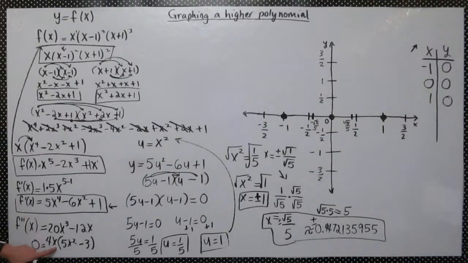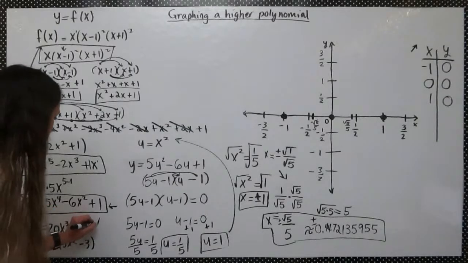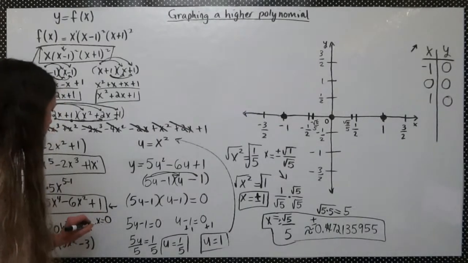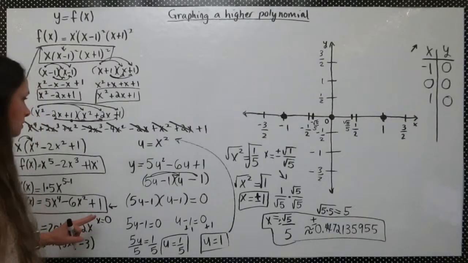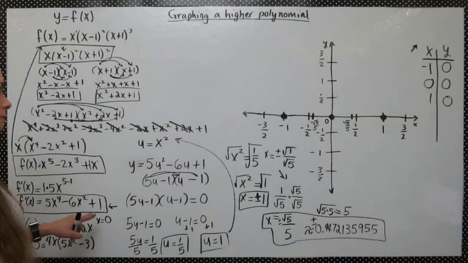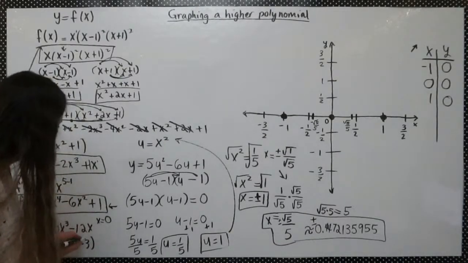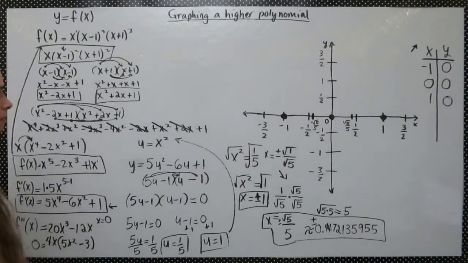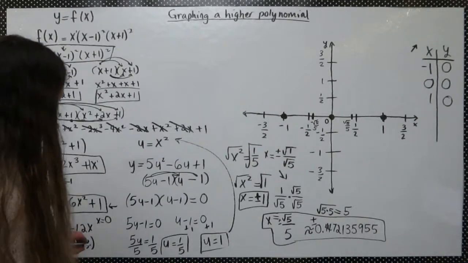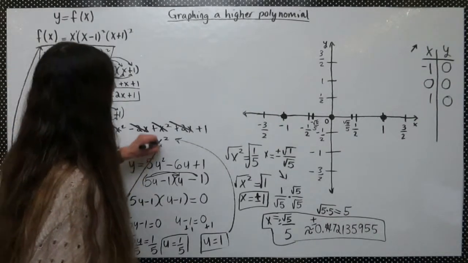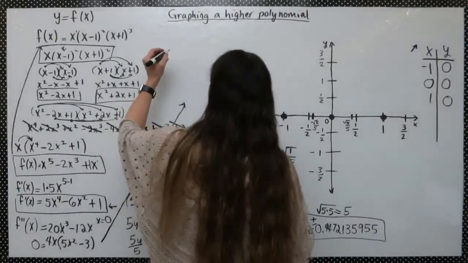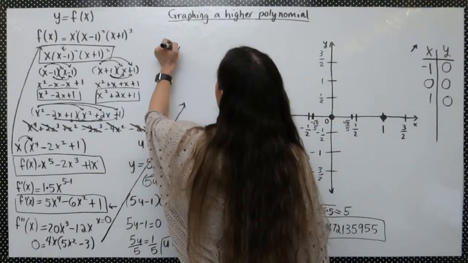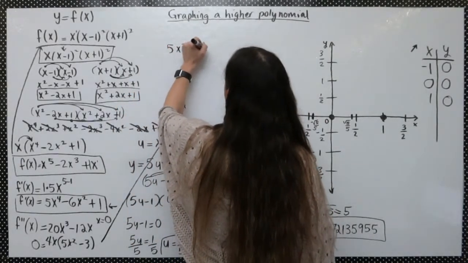And then so I have 4x equals 0. So x equals 0. And then hang on, 5x squared minus 3. Wow, out of room. I guess we'll put it all the way up here. 5x squared minus 3 equals 0.